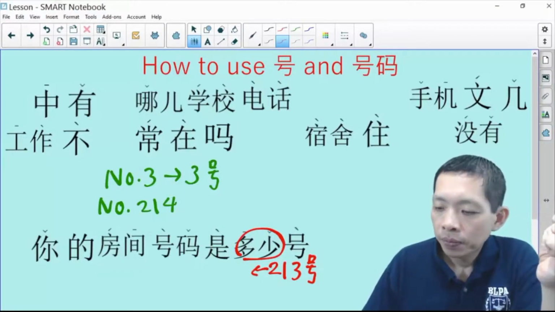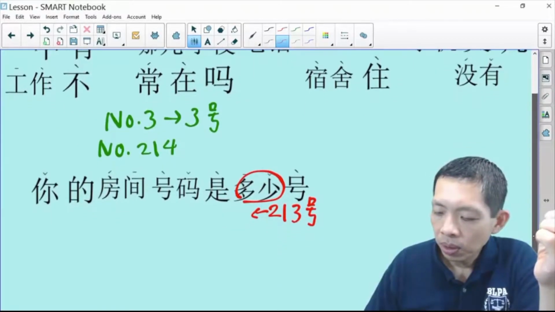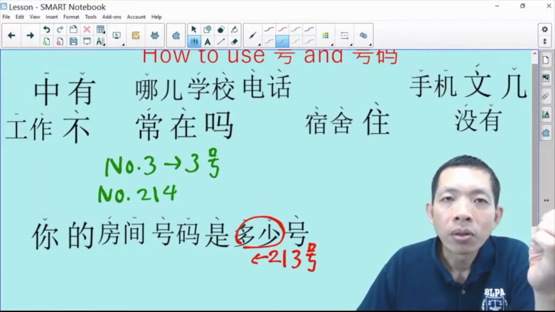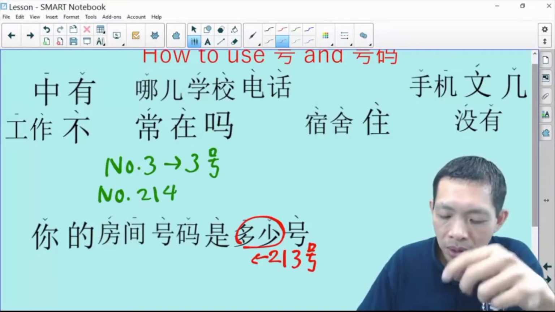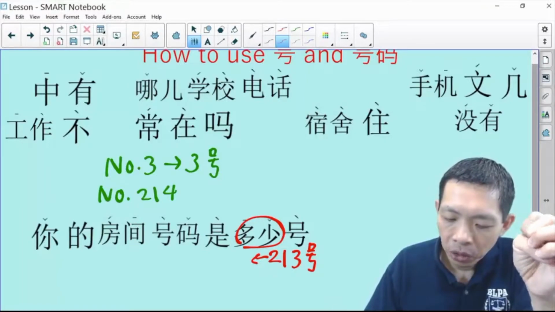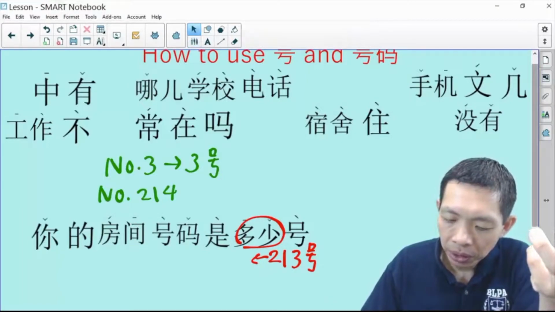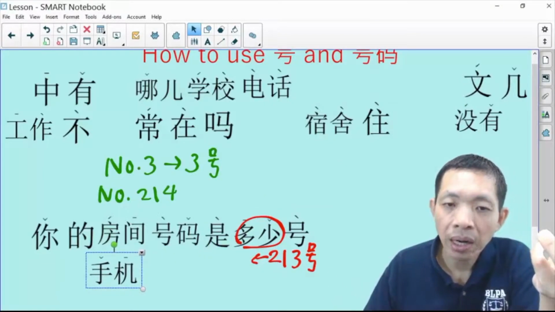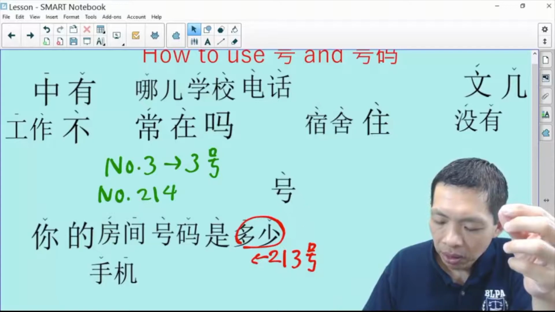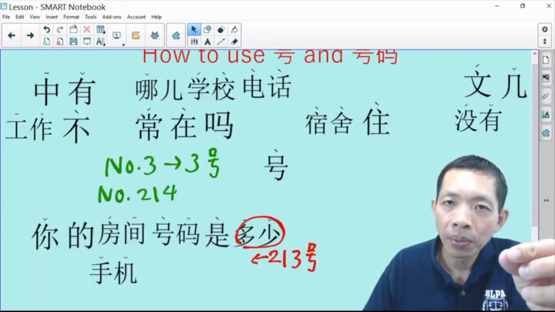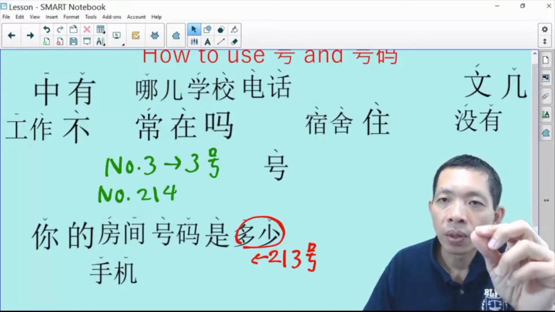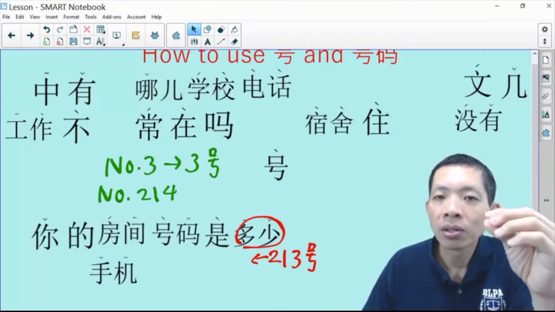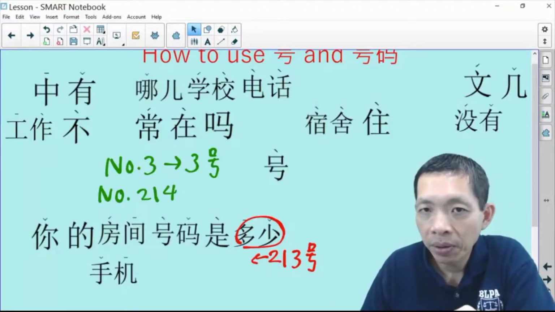However, when you use the cell phone, you do not say, hey, what's your cell phone number? So you say 你的手机号码 is, let's say, 手机. 你的手机号码是多少? And you do not say my cell number is number 223-284. You don't say that. You simply say 你的手机号码是多少, and you do not use 号 in there.